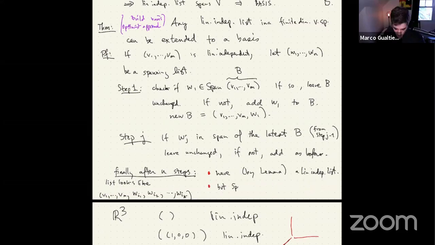The span of W1 up to Wn is inside the span of V1 up to Vm, Wi1, Wik. Okay, and this is equal to V. So there's no question that, since each one of these vectors is in this span, that means that V is contained in the span, and therefore that list is a spanning list.